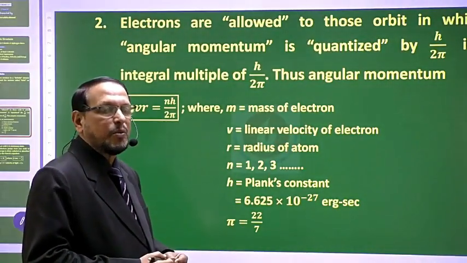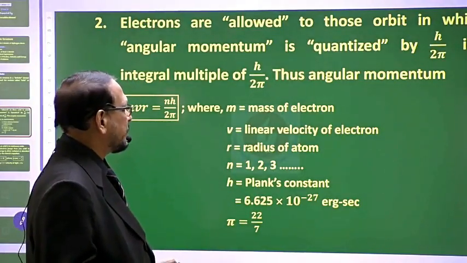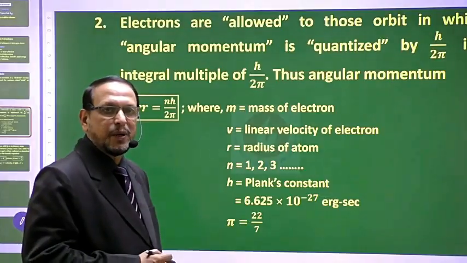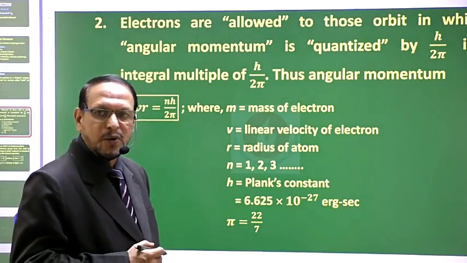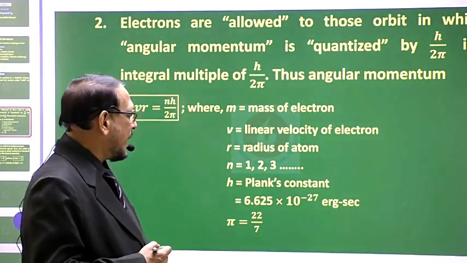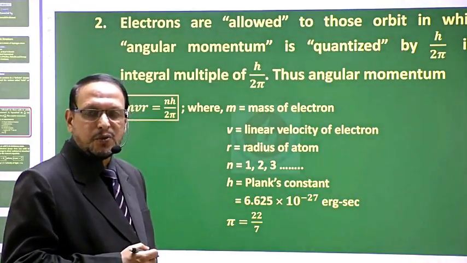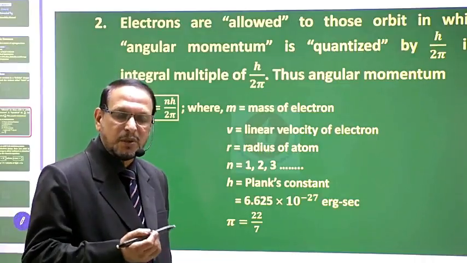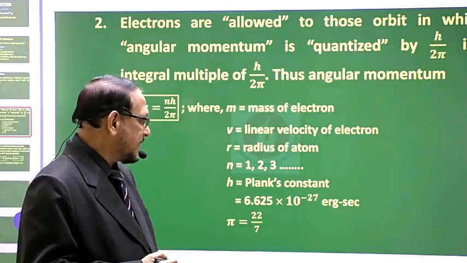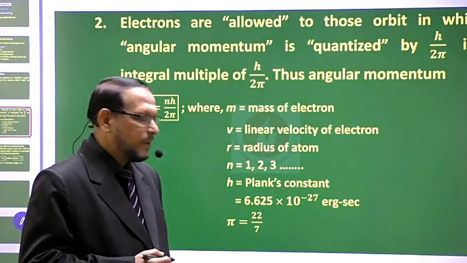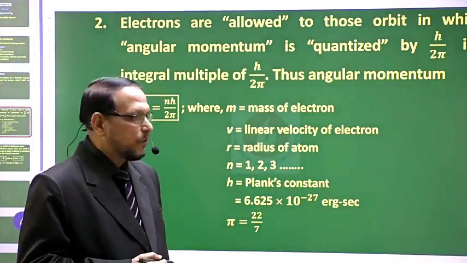That is, angular momentum mvr is an integral multiple of h by 2 pi, that is, mvr = nh/2π, where n is the orbit number 1, 2, 3, m is the mass of the electron, v is the velocity of the electron, and r is the radius of the orbit. h is Planck's constant, which is 6.626, or in some books 6.625, times 10 to the power minus 27 erg second. In SI units it is 6.625 times 10 to the power minus 34 joule second. Pi is equal to 22 by 7 or 3.14.